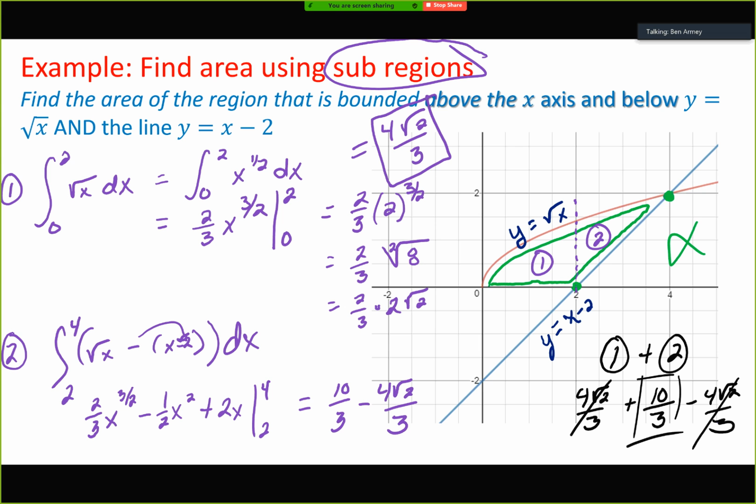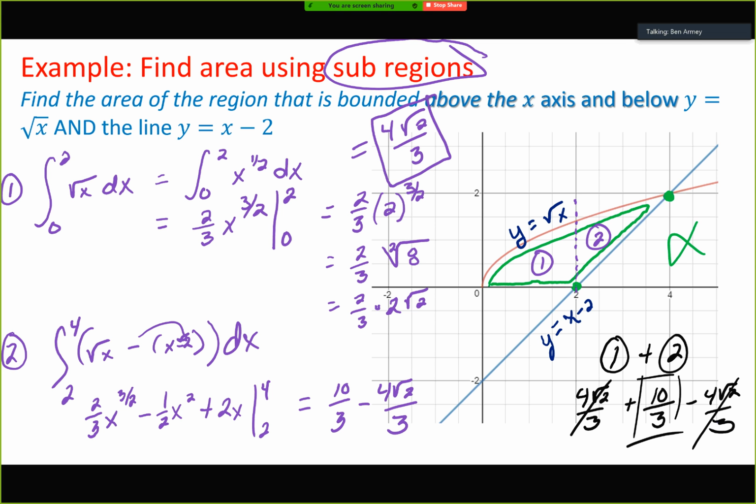Jacob: So why for step 2 do you use 2 and 4 of x minus...? Because this is like the first example that we did, where we do top line minus bottom line, because we're only looking at this square block. But can you just have done root x from 0 to 4 minus x minus 2 to 4?